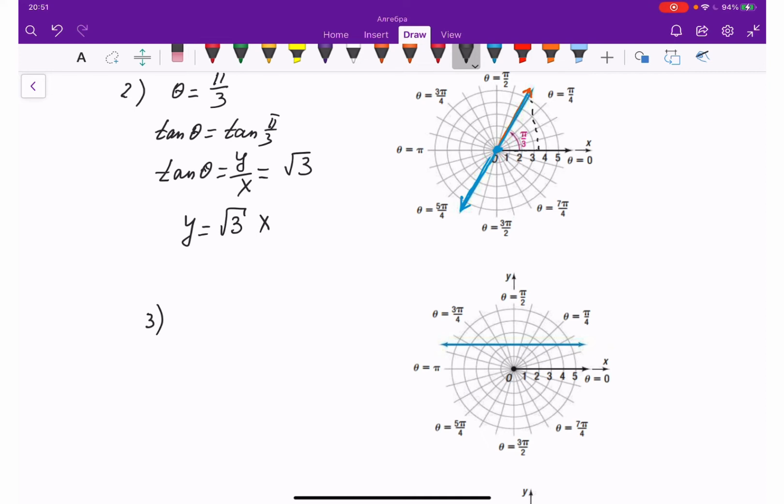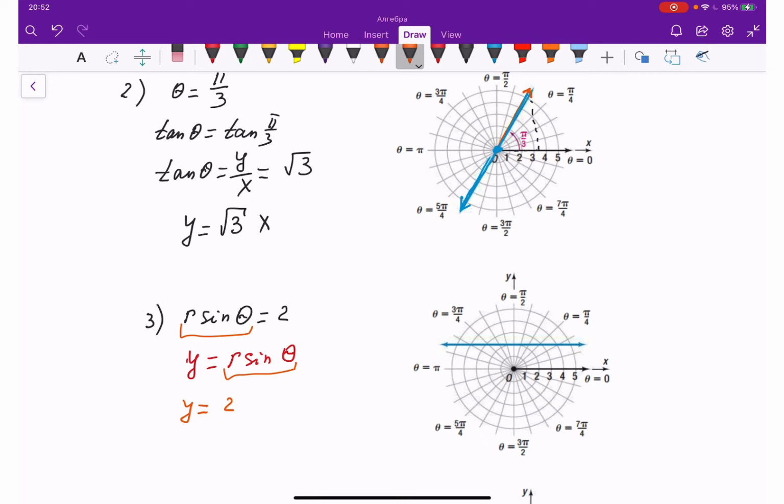So, identify and graph the equation r sine theta equals 2. Remember the formula that y equals r sine theta and x equals r cosine theta, correct? Since y equals r sine theta, we can rewrite. The r sine theta we have here, therefore, we can write down that y equals 2.